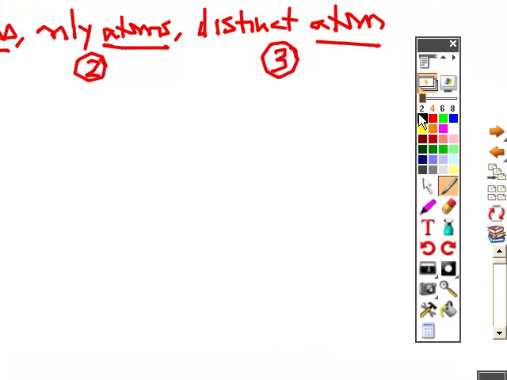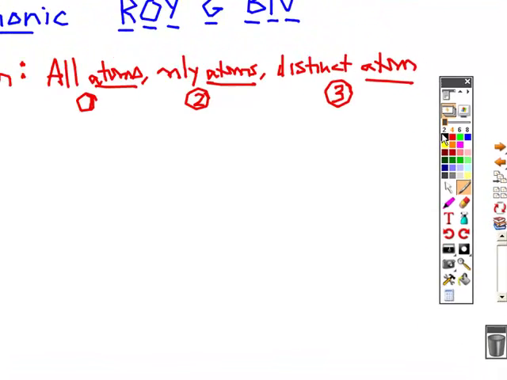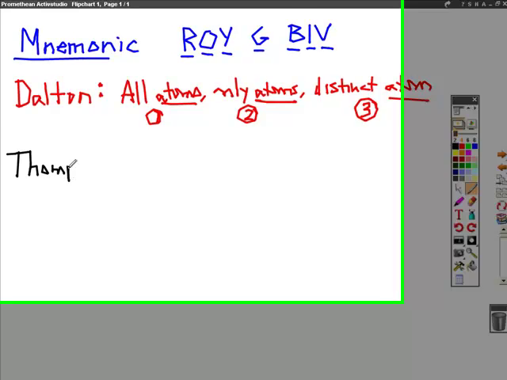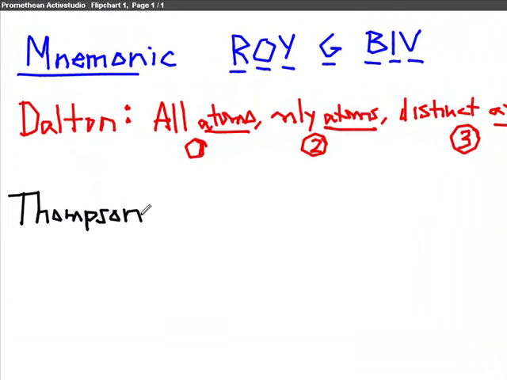The next theory in chronological time was Thomson's theory. Thomson, in the late 1800s, has what we call the cookie dough theory.